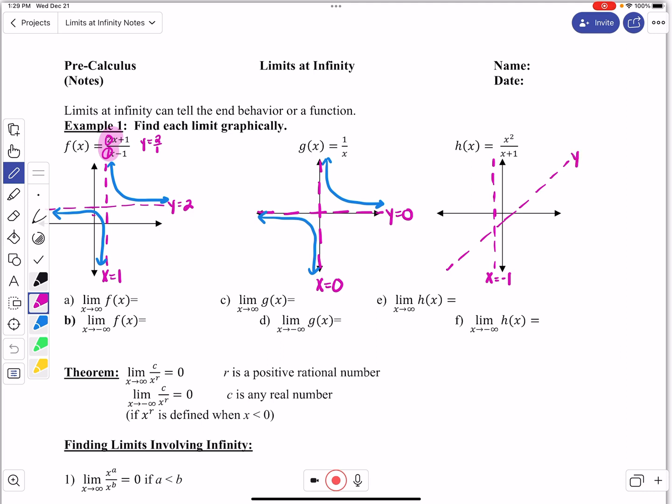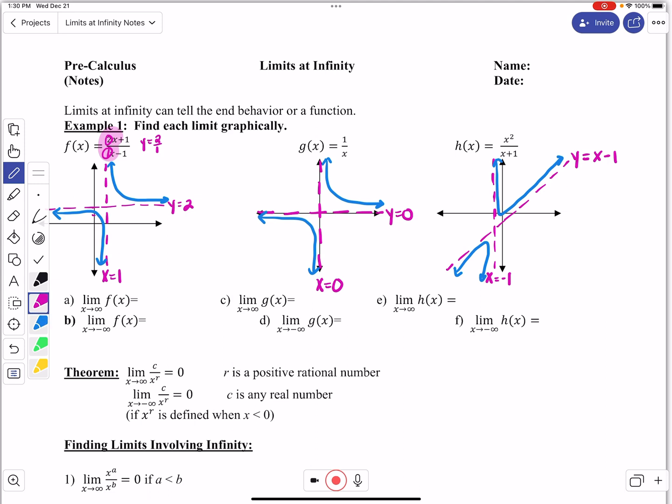So this is y equals x minus 1. And our graph is going to look like this. Okay, so this is what our graphs look like.